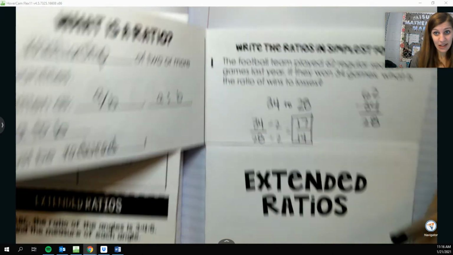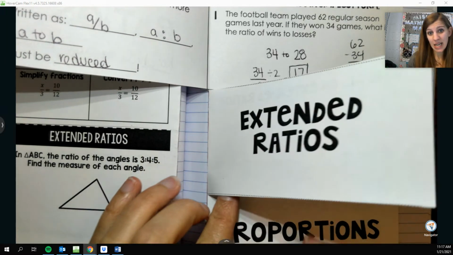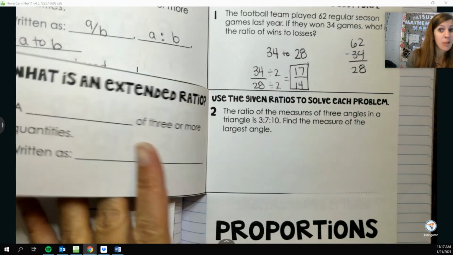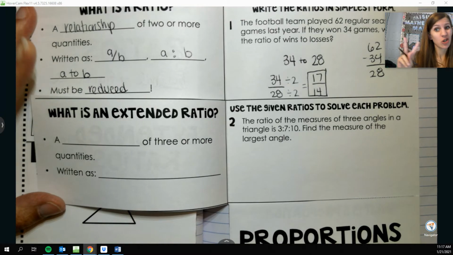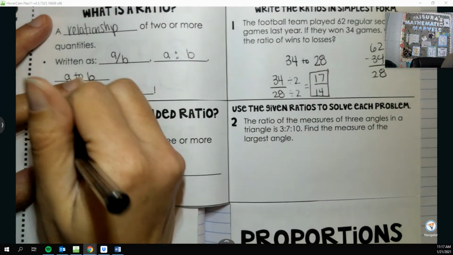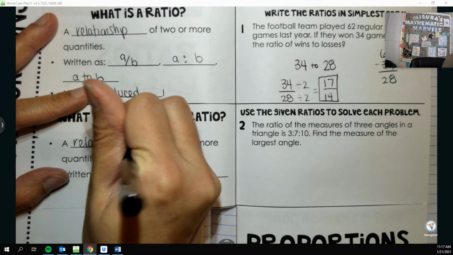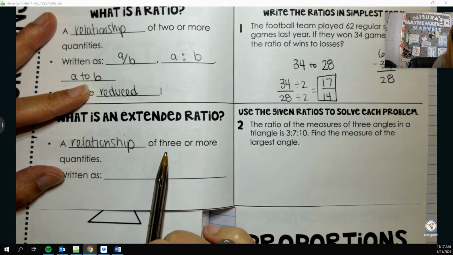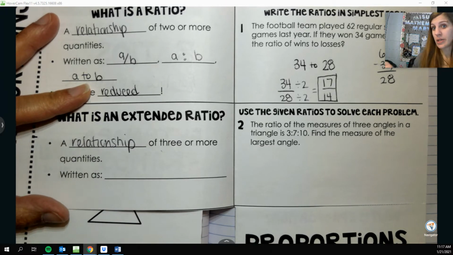Now to extend that a little bit and make it a little bit more tricky, we can talk about an extended ratio. So a typical ratio is just a fraction, one number on top, one number on bottom. But I can do extended ratios for geometry purposes, and that's where I relate more numbers than just 2. Okay, so it's a relationship between 3 or more quantities, or really greater than 2 quantities.